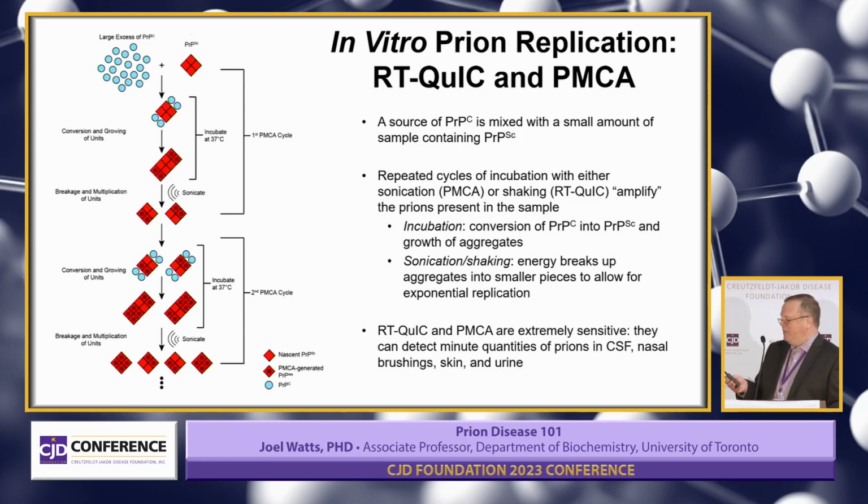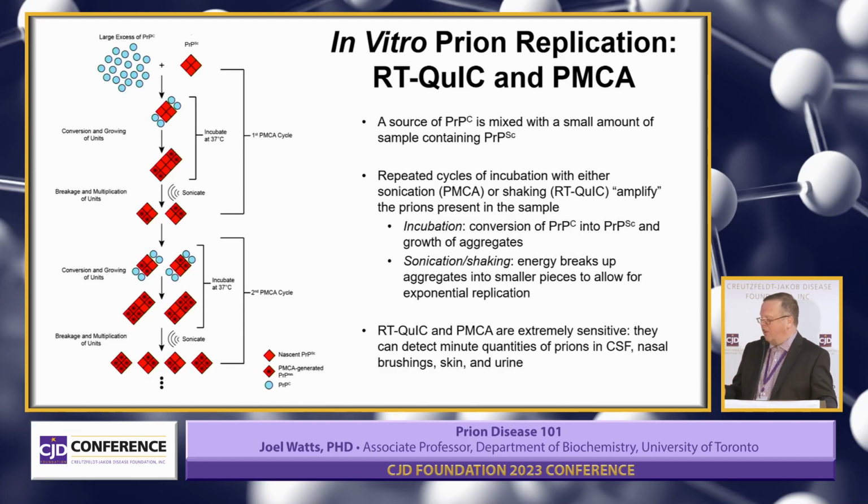The difference between PMCA and RT-QuIC is the way that it gets done. In PMCA, the aggregates are broken up using sound energy, or sonication, and with RT-QuIC, they're broken up using vigorous shaking. These techniques are incredibly sensitive. They can detect prions, as Brian said, in CSF, but also skin and urine.